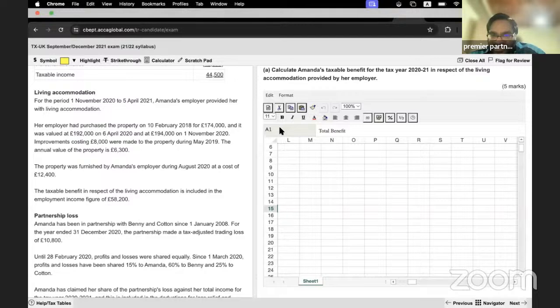So I'll give you 9 minutes. Start answering the question. Use the exam Excel version and assume you are sitting for exam. So properly construct your answer. Don't just put numbers here and there. Properly construct the answer with all the steps and workings. Your time starts now. Within 9 minutes, try to complete this one.